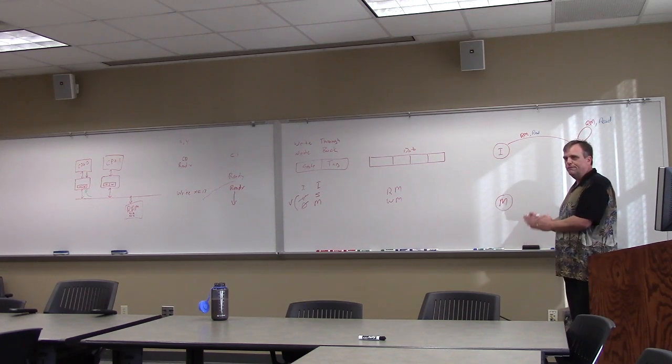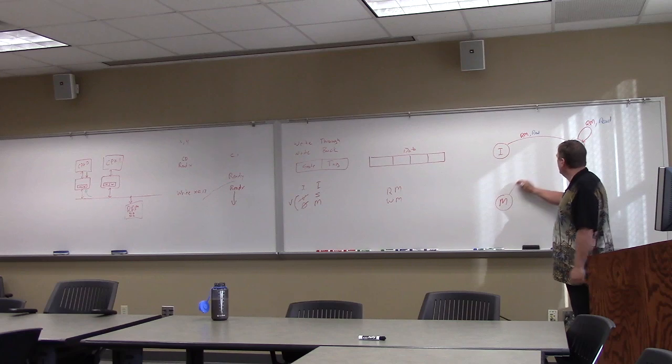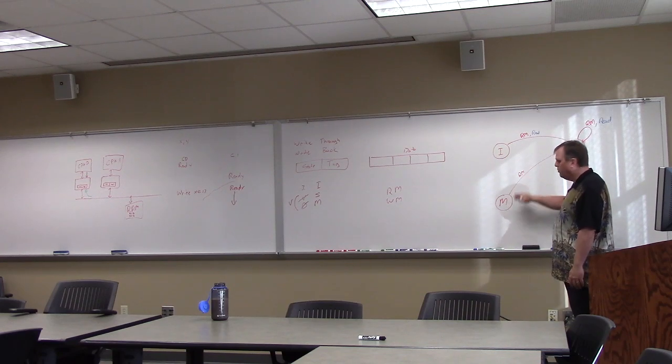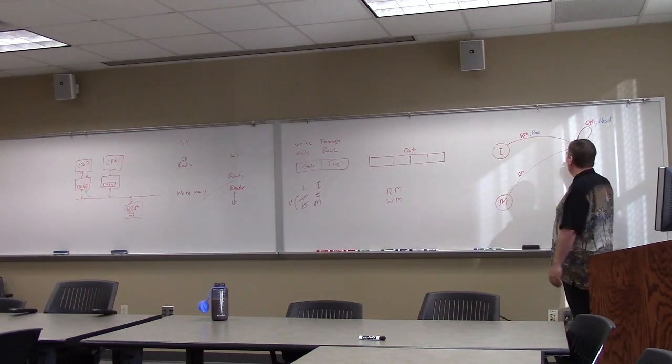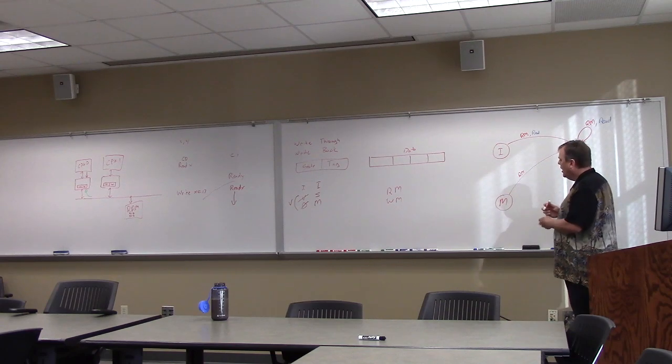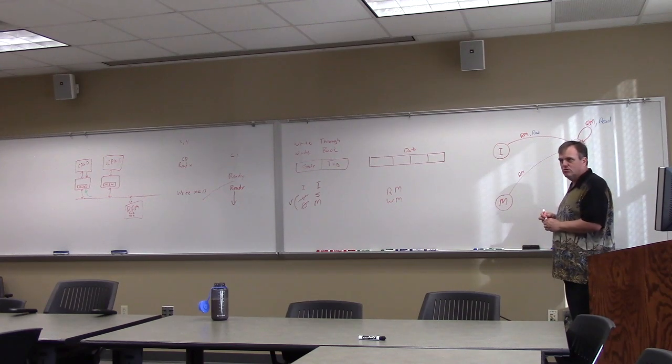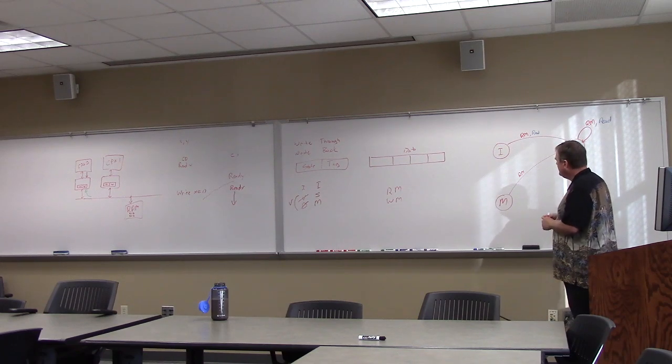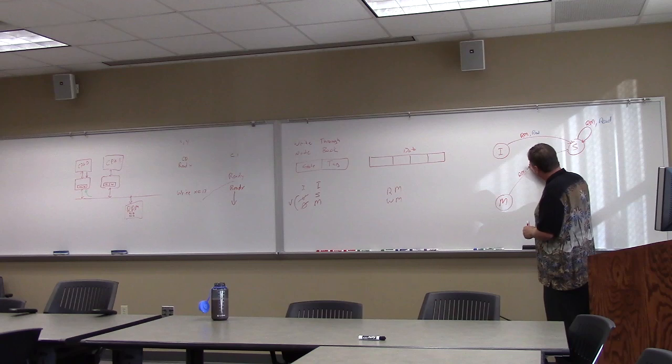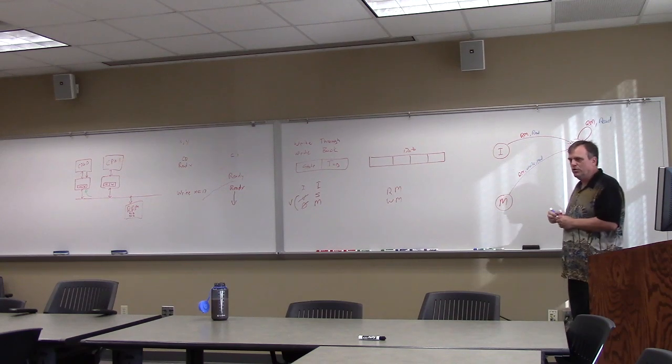If I'm loading data from RAM, what state will I be in? Shared. So it'll do this. Because remember, this is a new block. Old block was modified, new block is going to be shared. I have to write the old block out, and I have to read the new block in. So I'm just going to put that as a write and a read that's going on.